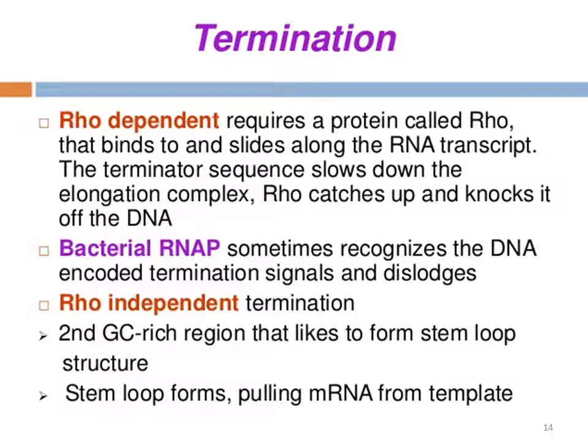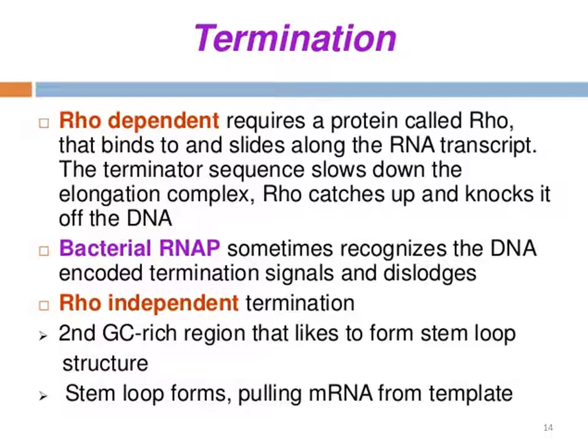So this will slow down the process of polymerization of new nucleotides. So the Rho will separate the RNA transcript from the DNA molecule.